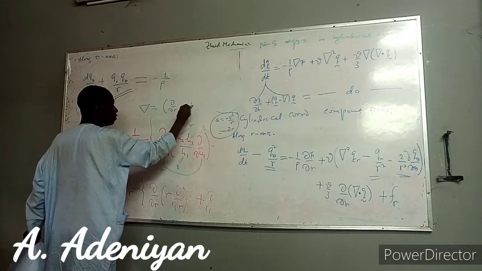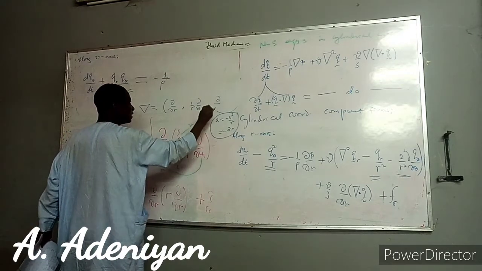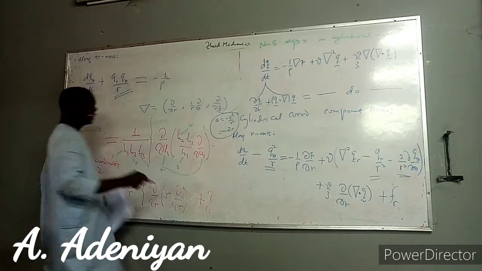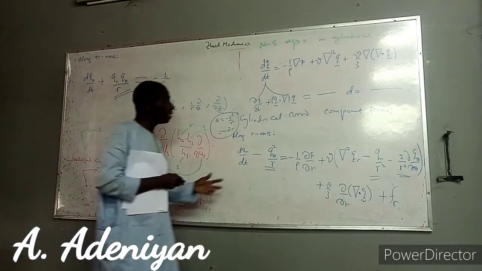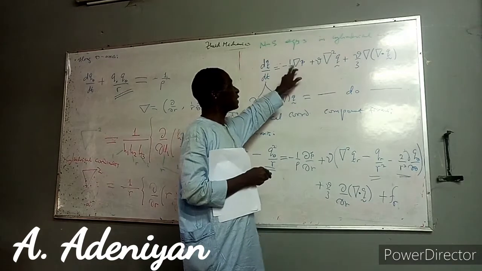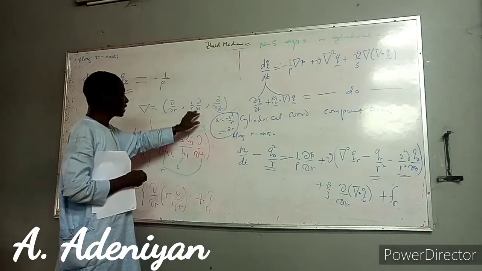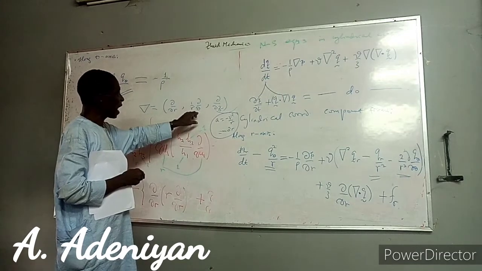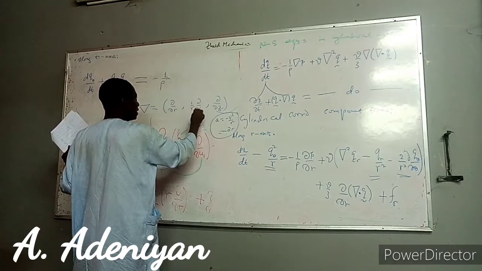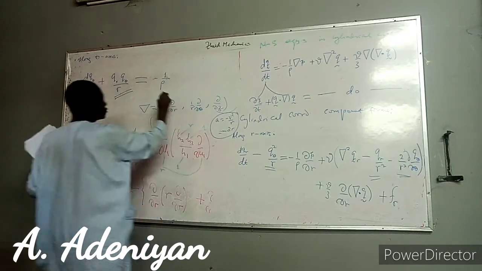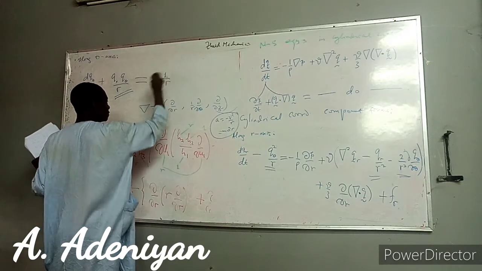It is di r, 1 over r di theta, di z. Because this is the expression which we have done today. Therefore, when I'm writing the components of this along r, along theta, this is what I will get. Along theta, di theta, this is what I'm going to use. So that is going to be minus 1 over rho and what?